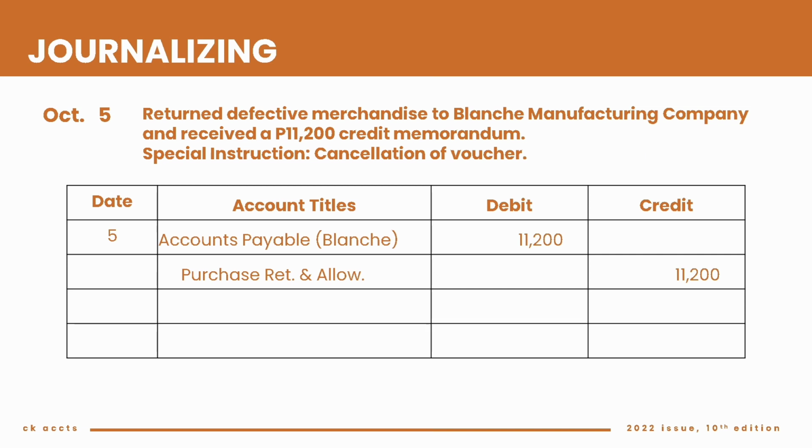So, our journal entry for this one, we debited accounts payable and credited purchase return and allowances. Once we have this purchase return and allowances journal entry, what we will automatically do is cancel the earlier voucher.